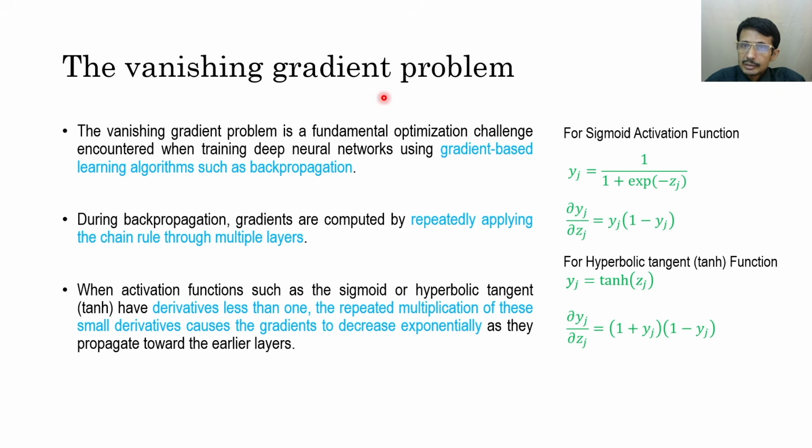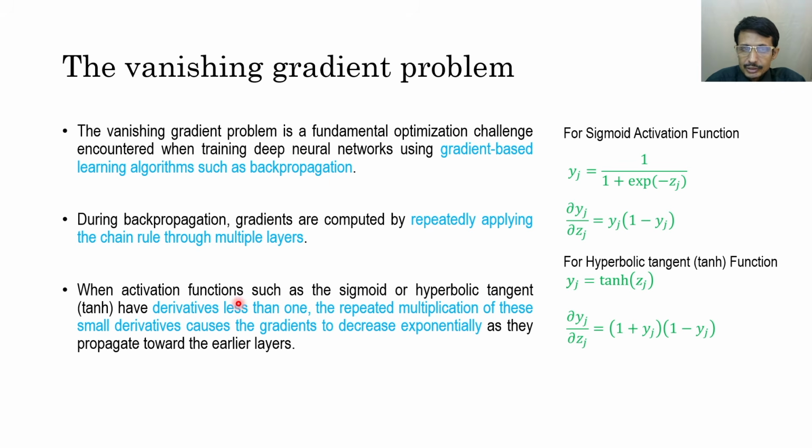Just for example, if we use sigmoidal nonlinearity, the derivative is y_j times 1 minus y_j. This quantity is less than 1, and it is also less than 1 for the tanh function.